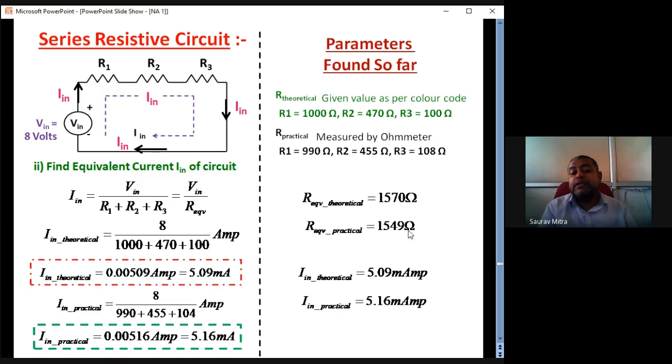With 1549, as the equivalent resistance is reduced, you will find that the equivalent practical current, or IN practical, has increased from 5.09 to 5.16 milliampere. This is a little increased compared to the theoretical 5.09, because R equivalent theoretical is a little greater than R equivalent practical. As the voltage is constant and resistance is reduced, the current will increase.